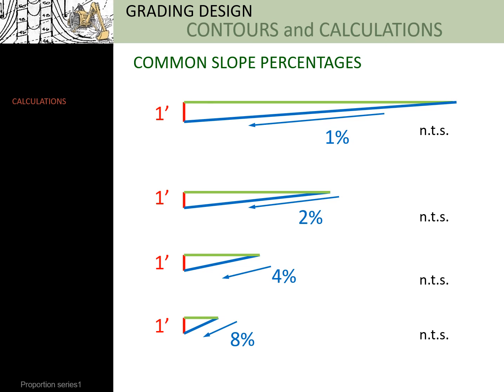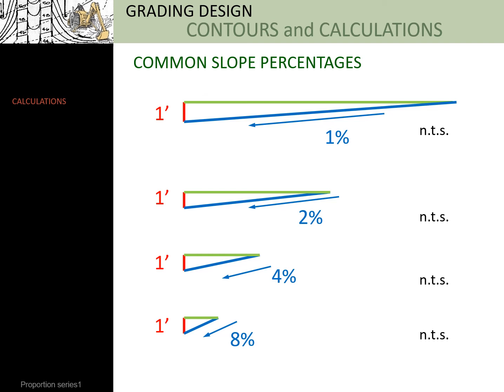Now, if I ask the question in a different way: suppose that we're designing a 1% or 2% or 4% or 8% slope for a certain surface. How far apart should the contours be? Right?